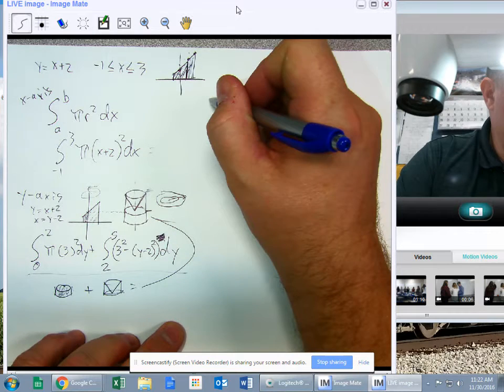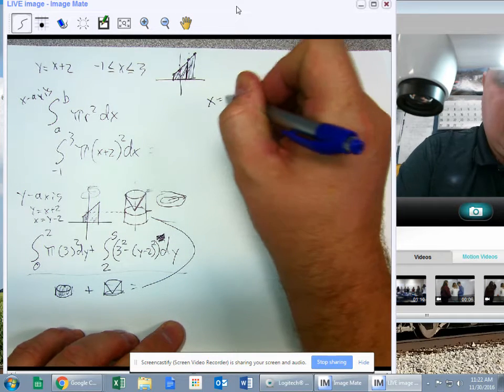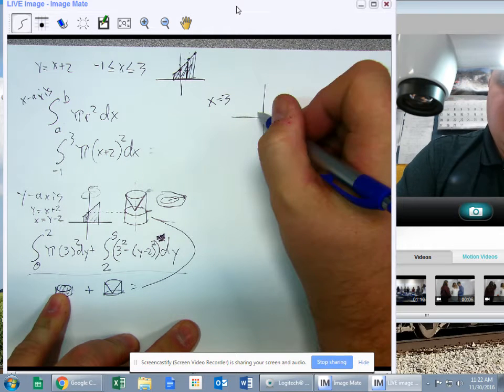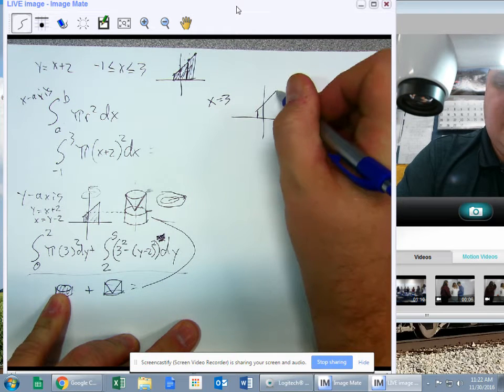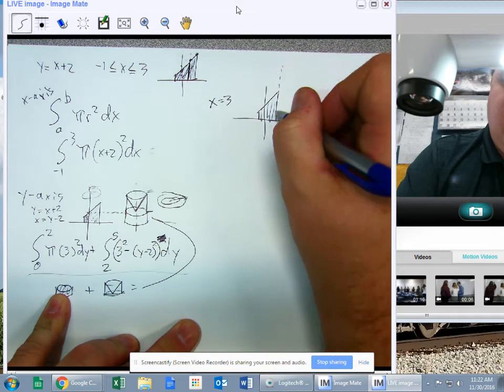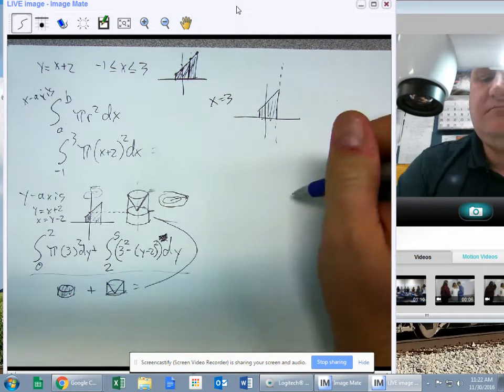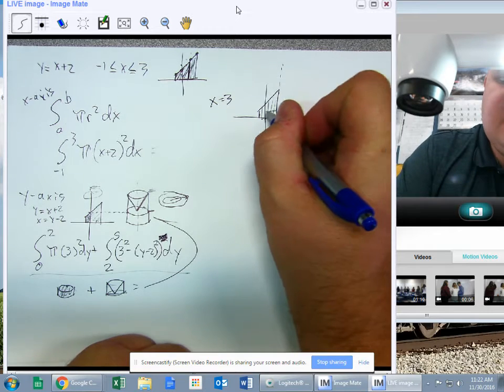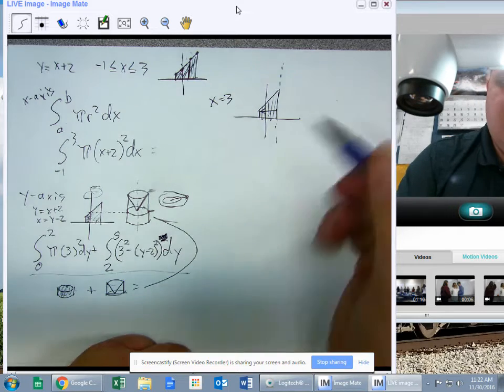Now, if we're going to go around the line x equals 3, well, x equals 3 is a vertical line. So we have here this shape, and it's going to be rotated around that axis right here. Now, the challenge here becomes, what is this radius when we go around?